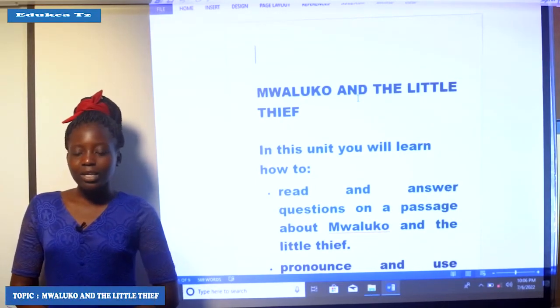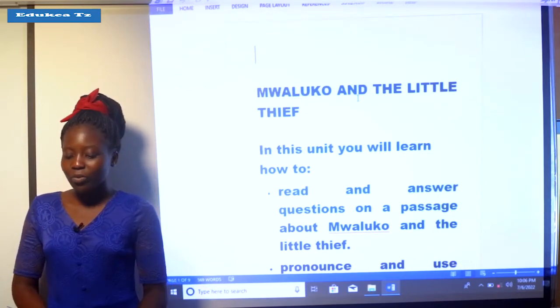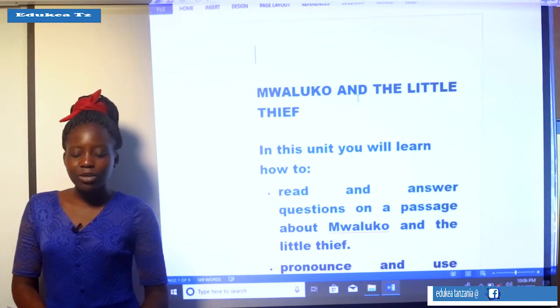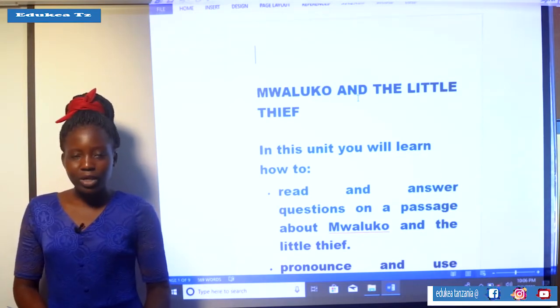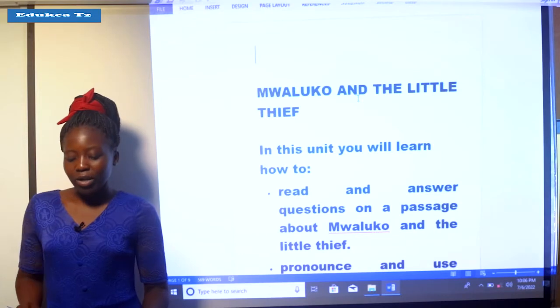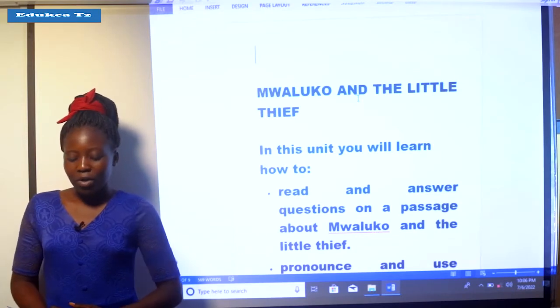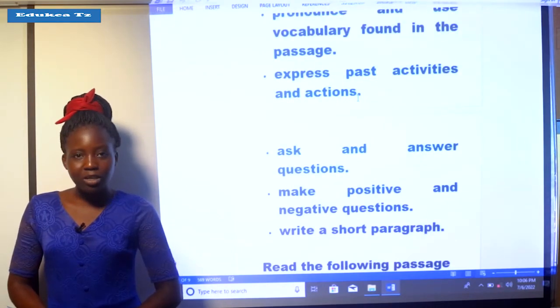Today we are going to learn English language, and the topic we are going to look at is about Mwaluko and the little thief. In this unit you will learn how to read and answer questions on a passage about Mwaluko and the little thief. We are also going to look at how to pronounce and use vocabulary found in the passage.